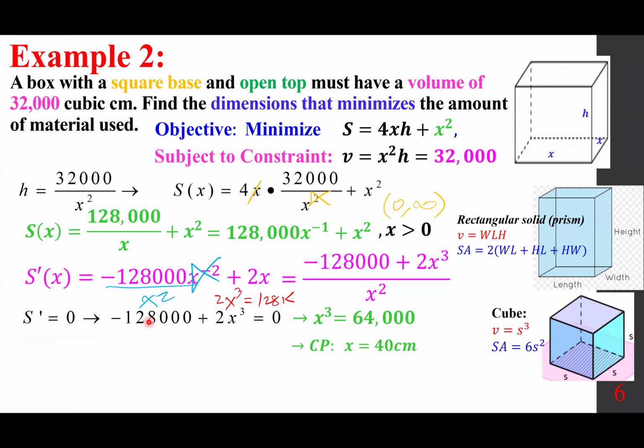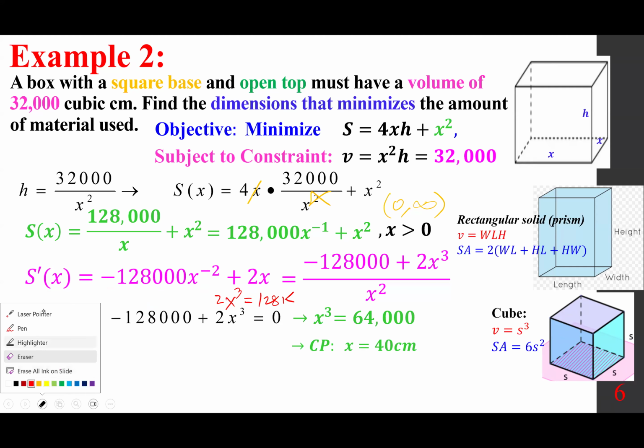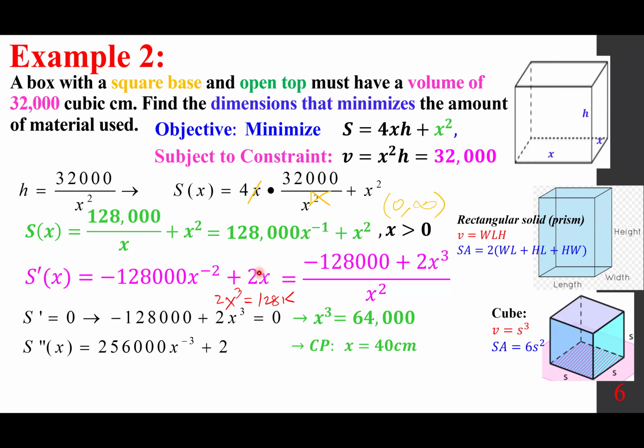Let's check with the second derivative test. To do that, we are going to go here, and we are going to use this one. S double prime is the product of these two negative numbers, which becomes 256,000 x to the power negative 3 plus 2. The second derivative test implies that we have to plug in and observe.